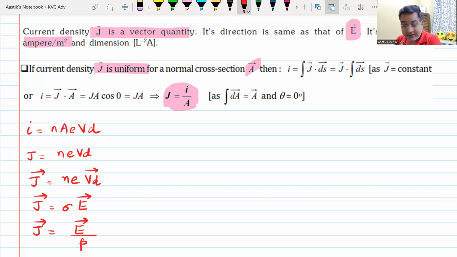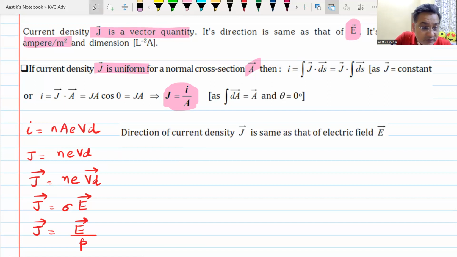These are the different ways in which you can write this. The direction of current density will be the same as the direction of electric field. We have seen that.